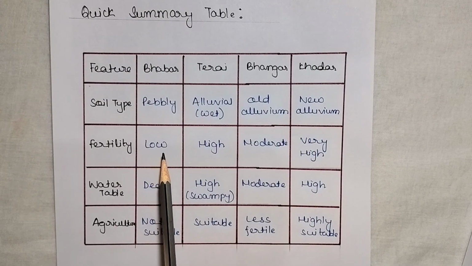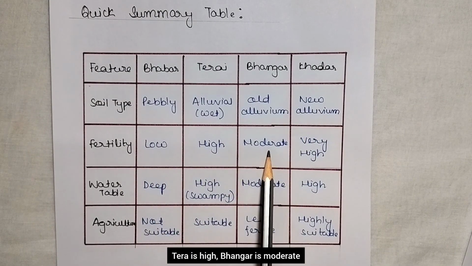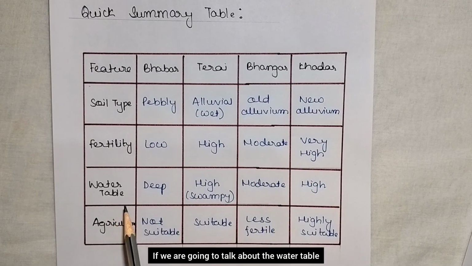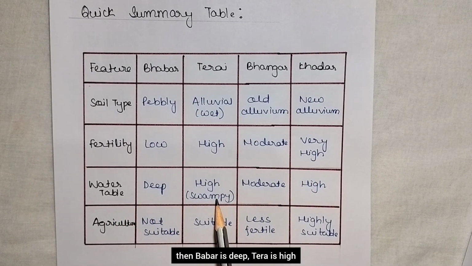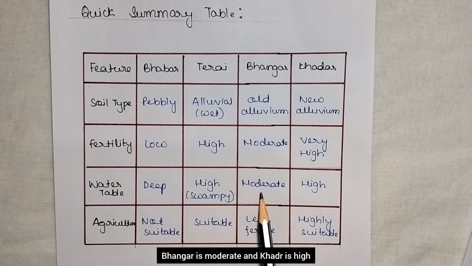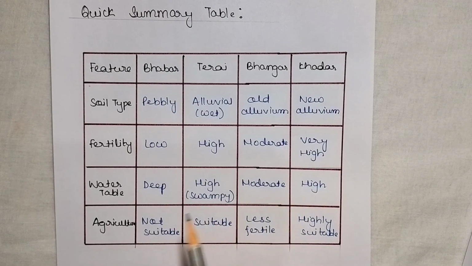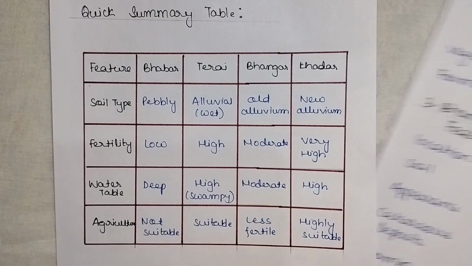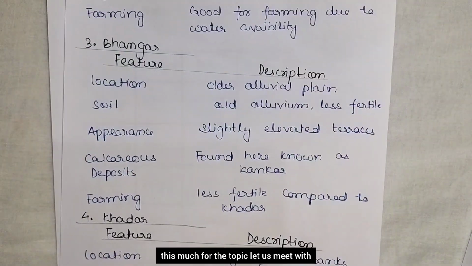Fertility: Bhabar is low, Terai is high, Bhangar is moderate and Khadar is very high. Water table: Bhabar is deep, Terai is high, Bhangar is moderate and Khadar is high. In agriculture, Bhabar is not suitable, Terai is suitable, Bhangar is less fertile, and Khadar is highly suitable. So, this much for the topic.